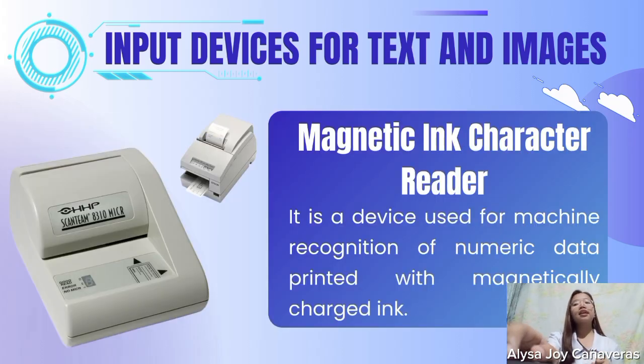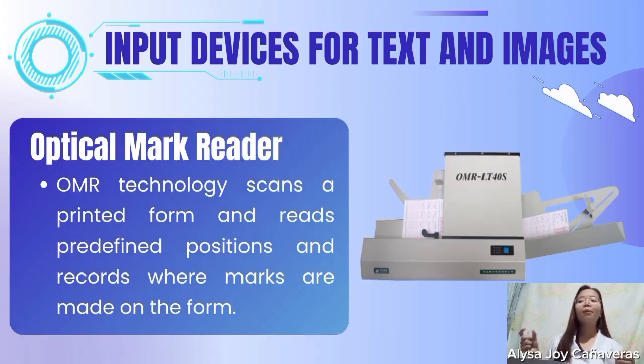Next is the magnetic ink character reader. It is a device used for machine recognition of numeric data printed with magnetically charged ink. Next is the optical mark reader. OMR technology scans a printed form and reads predefined positions and records where marks are made on the form.